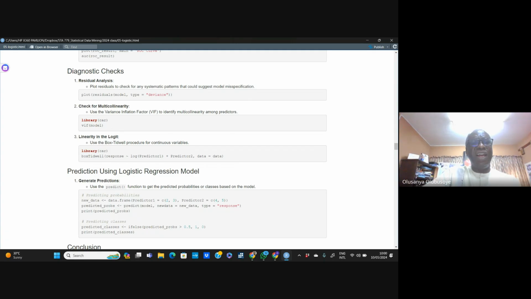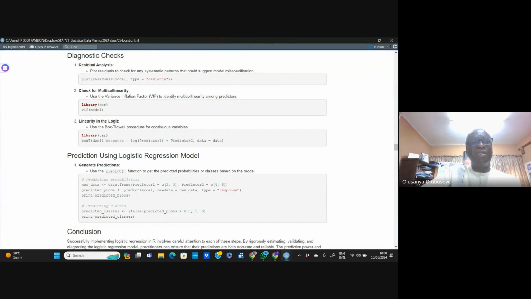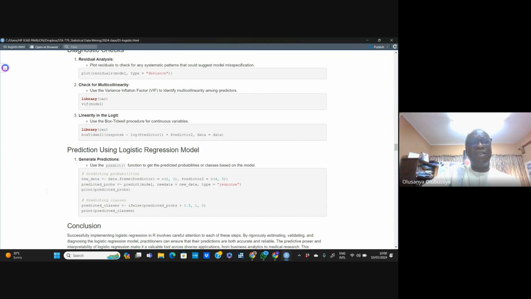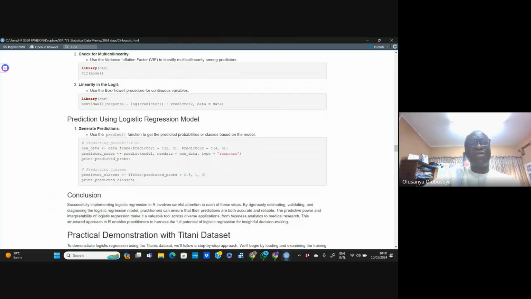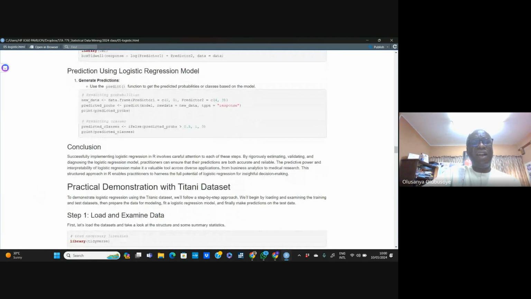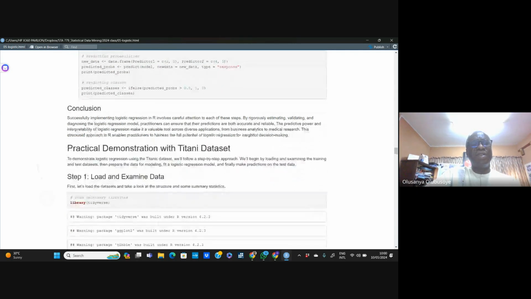To check for linearity, you can also use the car package. If you run this, it uses the car data set that comes with R. So try to run this, practice, and interpret the results.